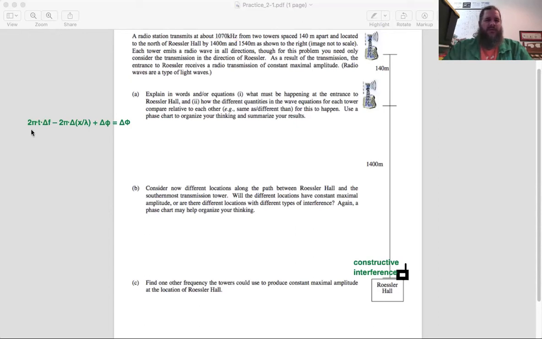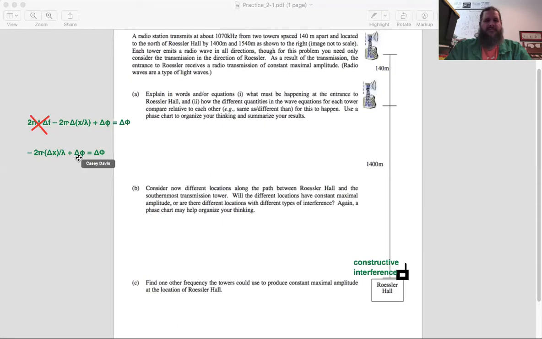So that means we know there's no difference in frequency. Do we know anything else here? Any of the other values in this equation? We can take lambda out of the delta part. Yeah, since they're the same wavelength, we can factor out lambda. So we just get delta x in parentheses divided by lambda. And we can find that wavelength based on the frequency as well. Do we know anything about the phase shift? Do we know whether these sources are in sync or not?